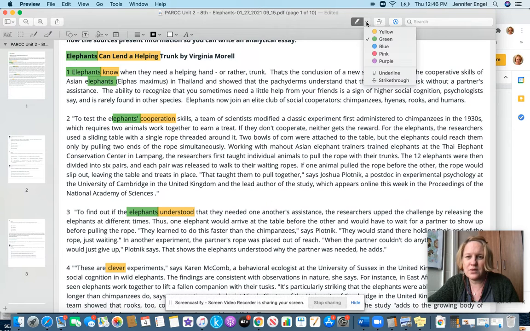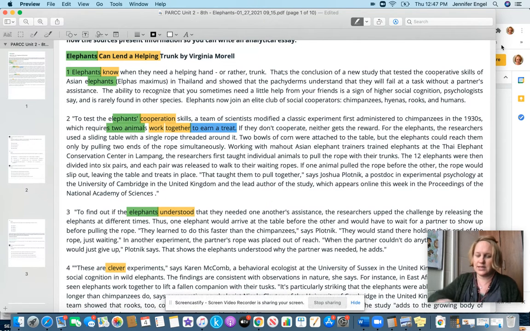Here, where my highlighter at? There we go. And what does it say that the two animals are doing? They are working together. So that's a context. Oh, and what are they working together to do? Why is this not highlighting for me? This looks interesting. They are working together to earn a treat.